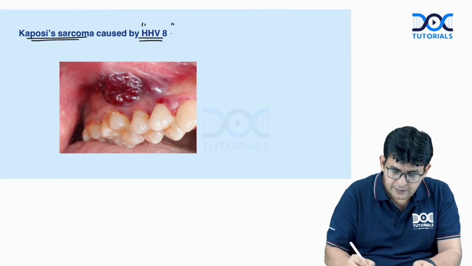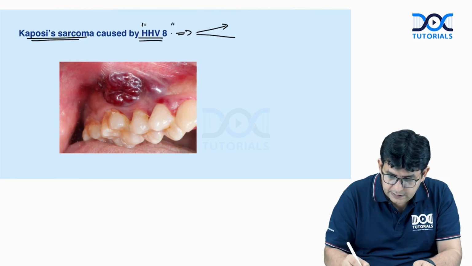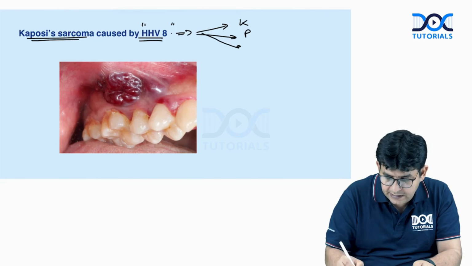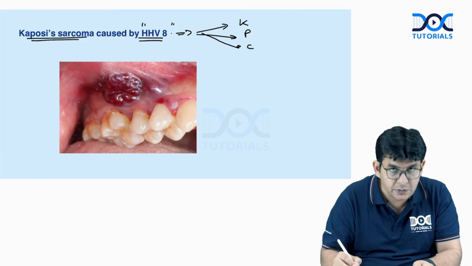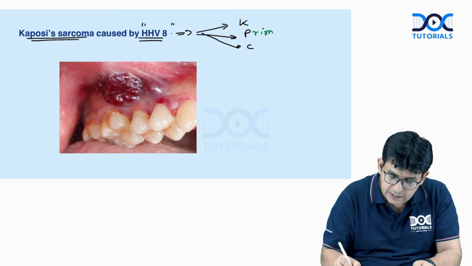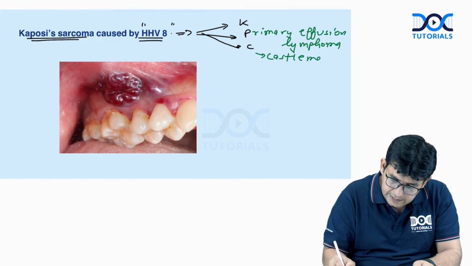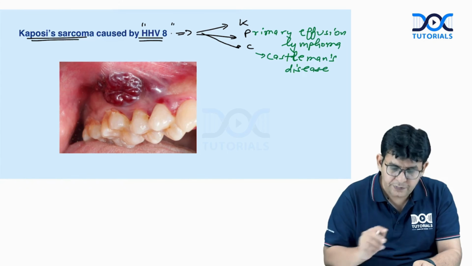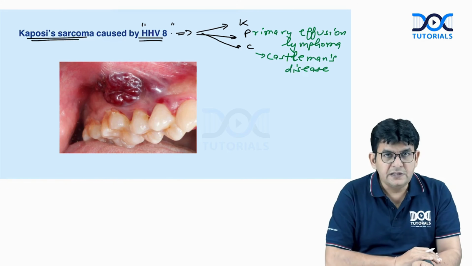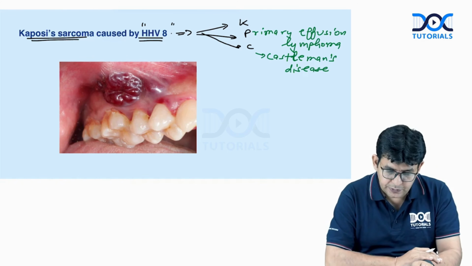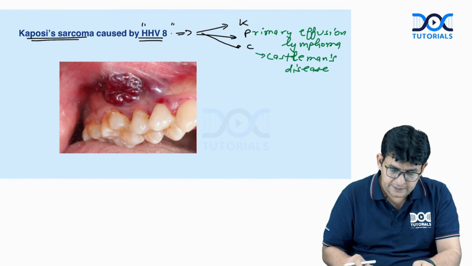The lesions caused by this are: one, Kaposi sarcoma, which everybody knows; and another, which is also being asked nowadays, primary effusion lymphoma and Castleman's disease. So these are the important ones which you need to know.